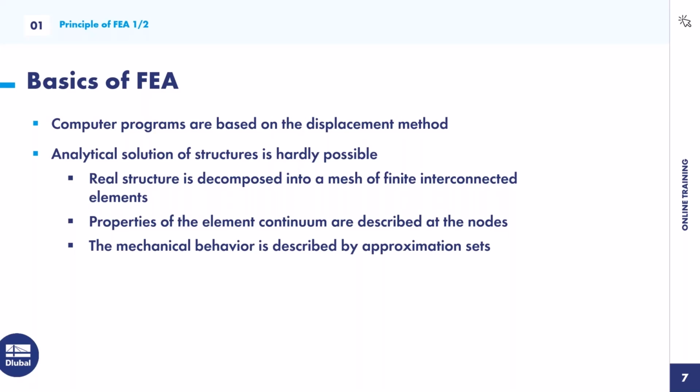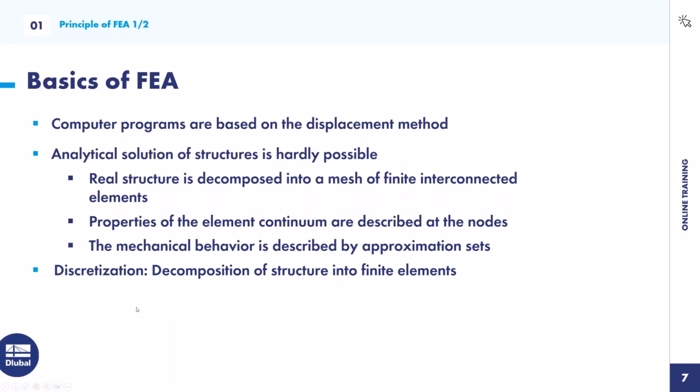The next thing would be the discretization. This is an important term in the finite element analysis. The discretization means that the structure itself is decomposed into these small finite elements.